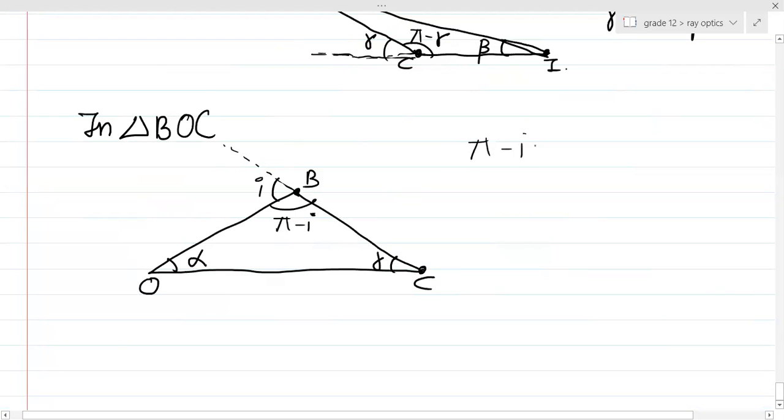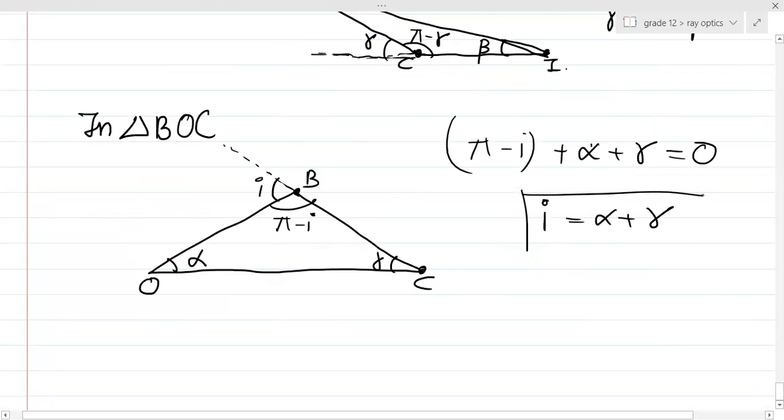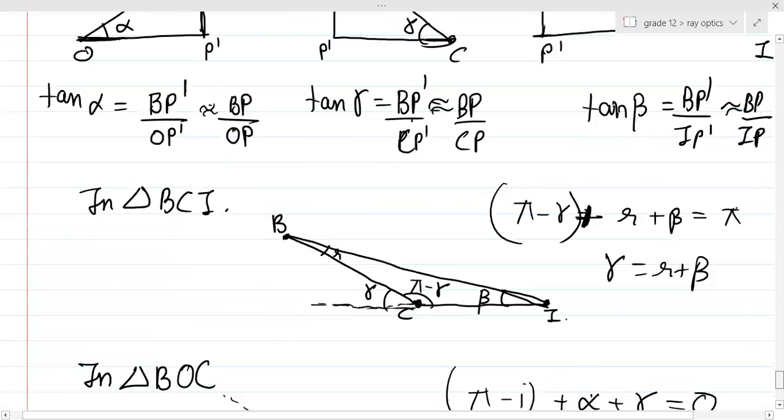So pi minus I plus alpha plus gamma is equal to 0. So from here, can I say I will be equal to alpha plus gamma? Yes, sir. Now I is basically equal to alpha plus gamma.